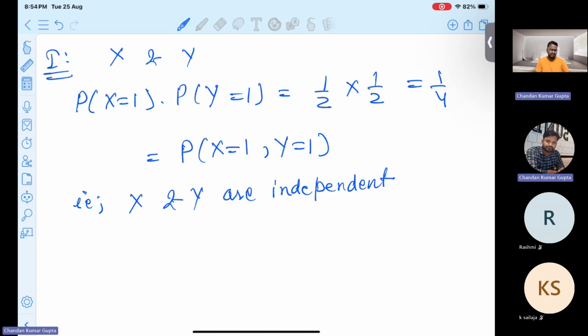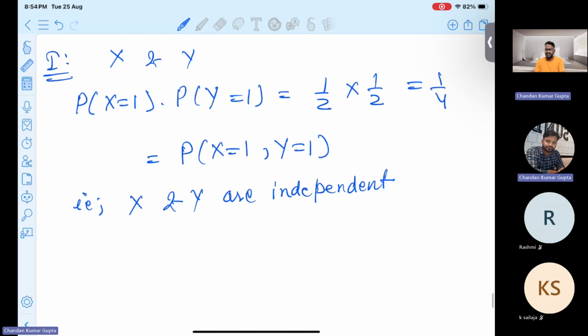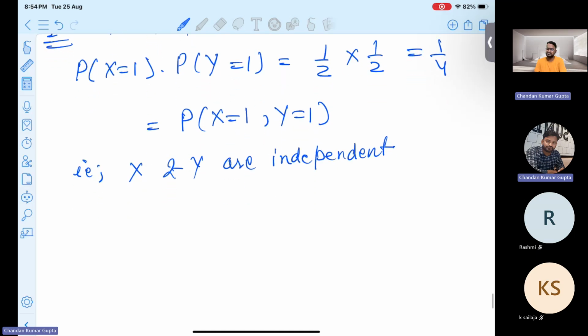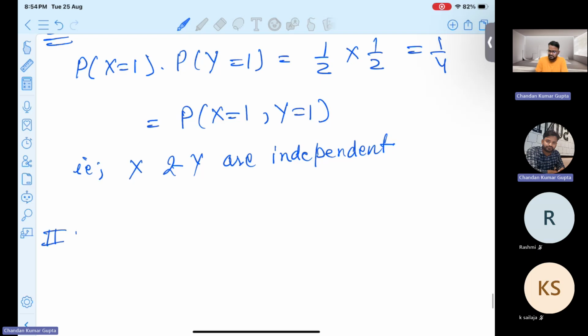Now we have taken X and Y, so next we can take X and Z random variables.